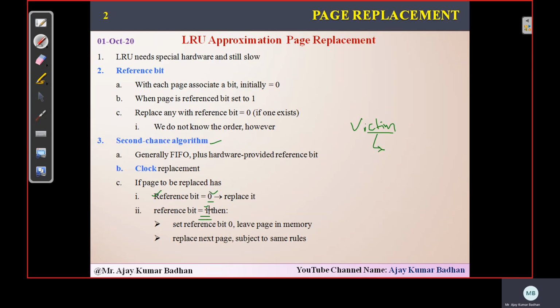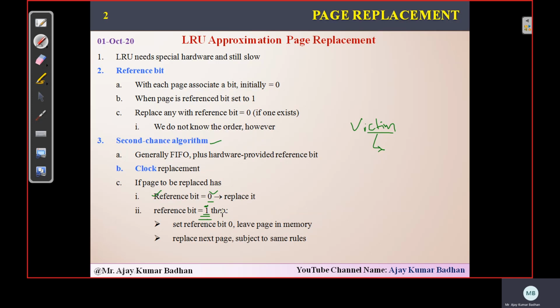So wherever the reference bit is set to 1, that indicates that the page has been brought most recently, and modifications are done to that page. So the system gives a second chance to this page. It says, okay, you continue execution, but next time whenever I select you as a victim, I'm going to remove you from that frame, and that frame will be allocated to some other page.